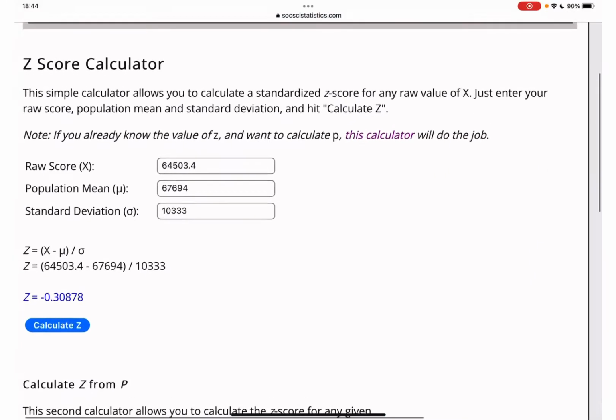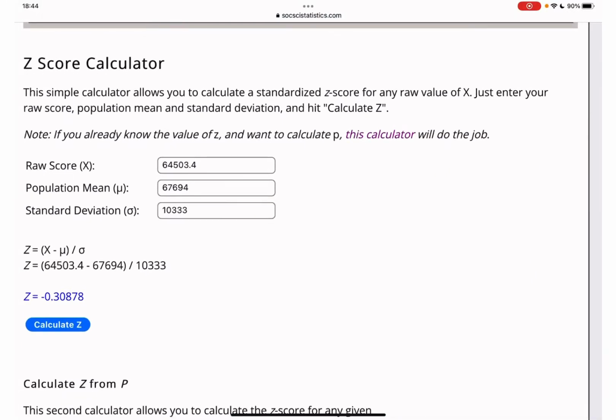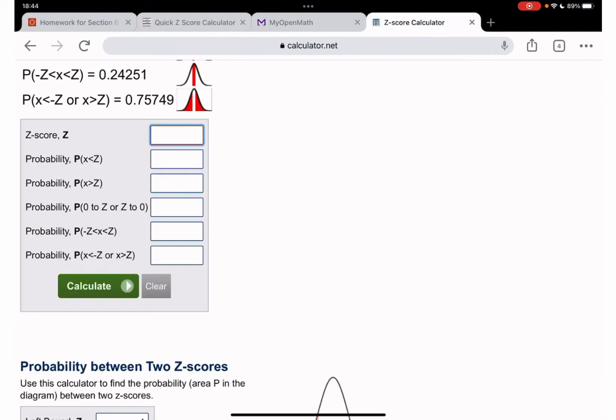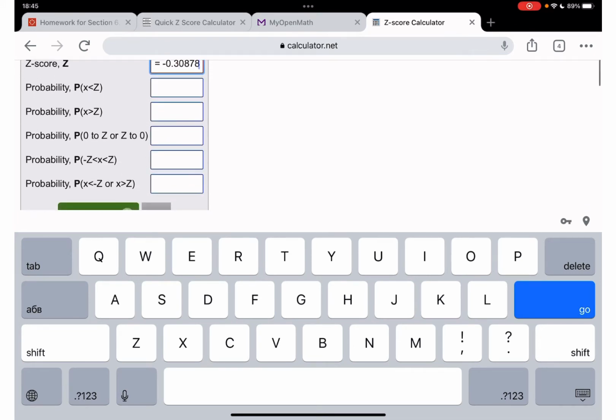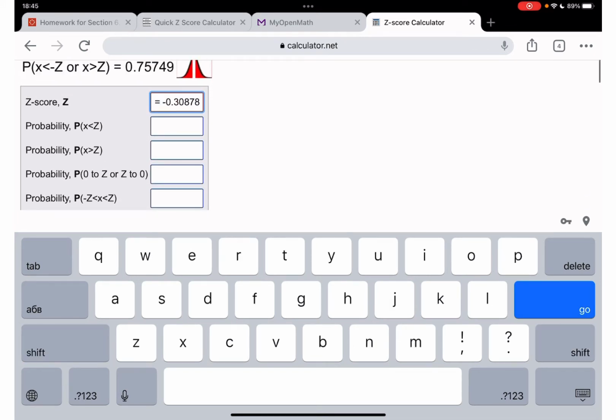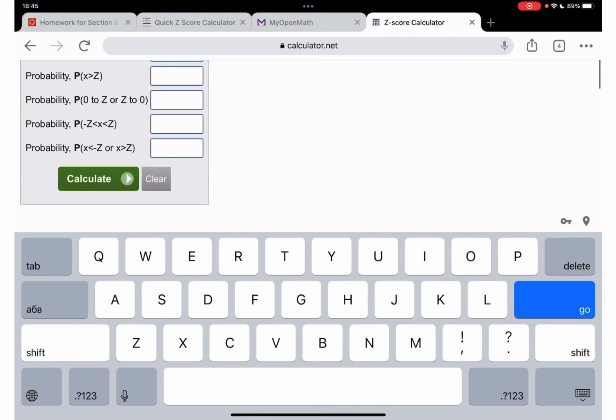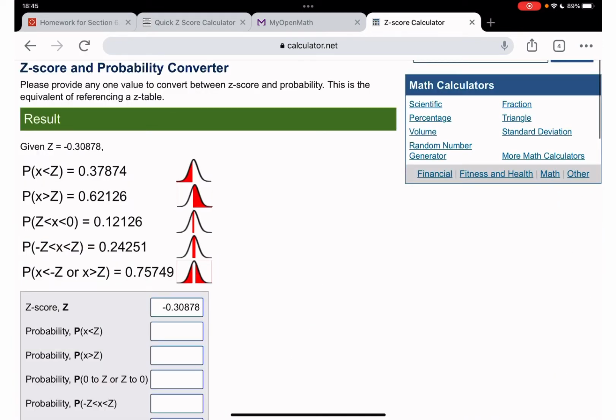So let's find the z-score. I'm copying this z-score and plugging it into this calculator. This equal sign needs to be gone. Clicking calculate.